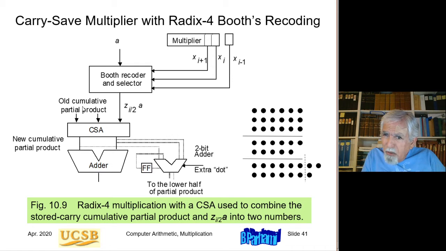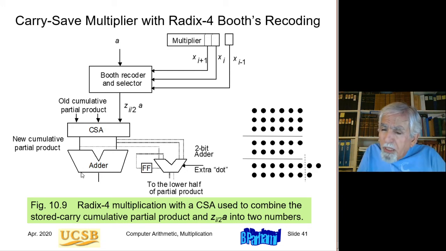And then the cumulative partial product is kept in carry save form. The 3 values are added. The cumulative partial product in carry save form is fed back up here. So I do k over 2 cycles, because I'm doing radix 4, of carry save addition, and then 1 cycle of addition.